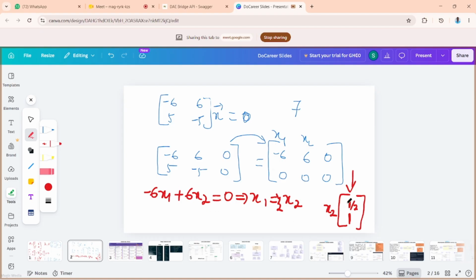The free variable is x2, and x2 belongs to row 2, so I put 1 where x2 is supposed to be. For the top row, which is row 1, I go and pick the coefficient of x2 there. After making x1 the subject, I pick the coefficient as it is and place it there. In this case, it was 1.